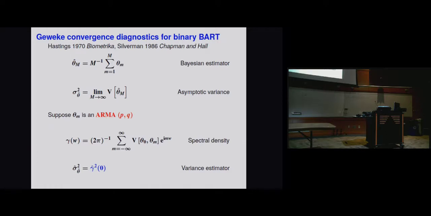So you pretend that these draws are from an ARMA process. And then there's this formulation they call the spectral density, some sort of characteristic function, right, Prakash? But basically, I think that goes away because what you do is you plug in 0.